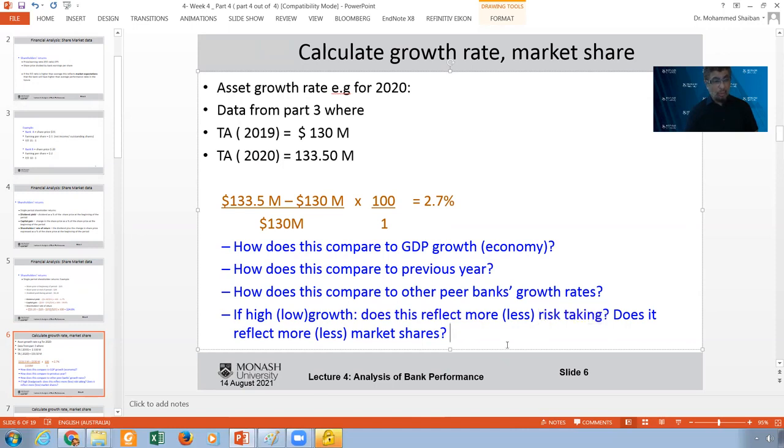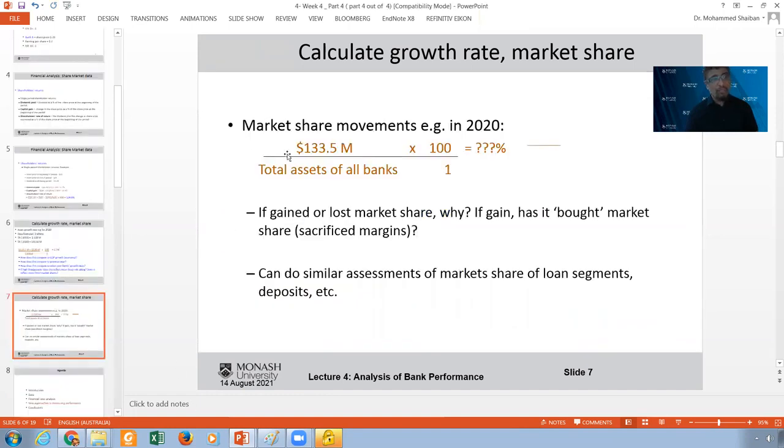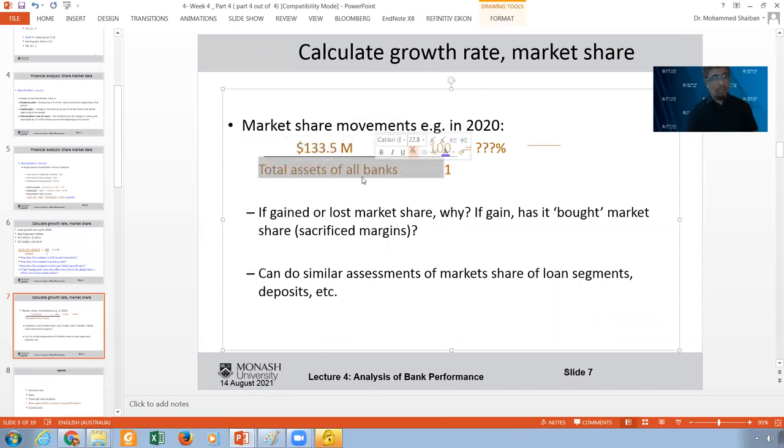And also, if we know that the growth is real, we have to compare this to the market share. If we are increasing our market share, that means we are also growing. So the market share is another issue, and you can compare your assets to the total assets of the banks, because in our example, we don't have the total assets of the banks. If we know it, we will see how much the growth in 2020 and compare it, how much our share in 2020, and of course, we will compare it to 2019.